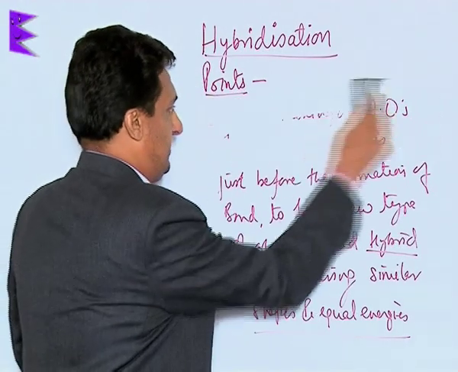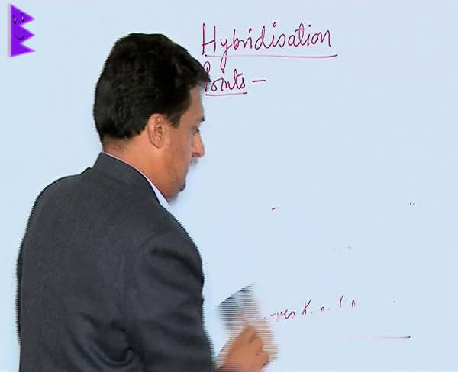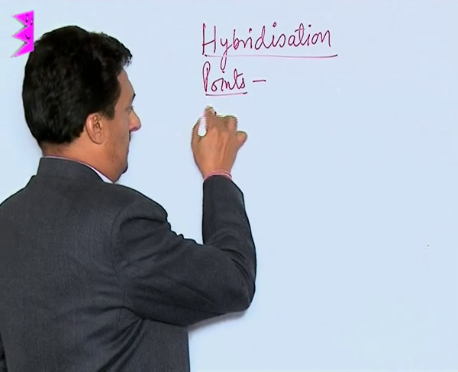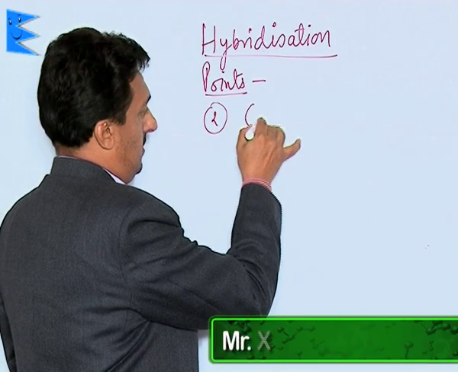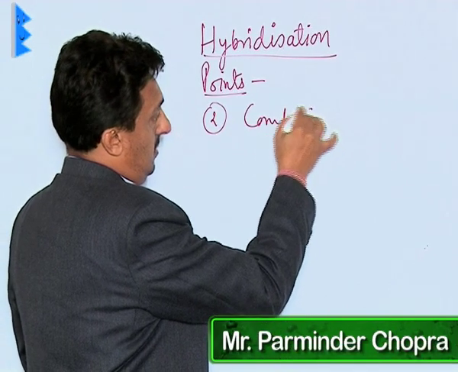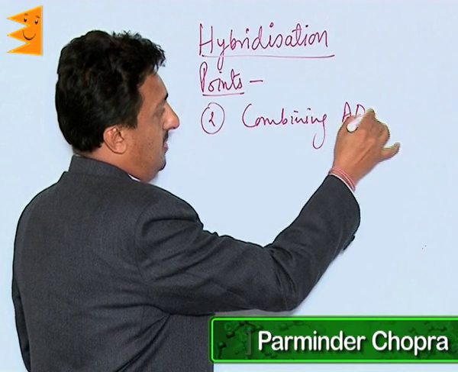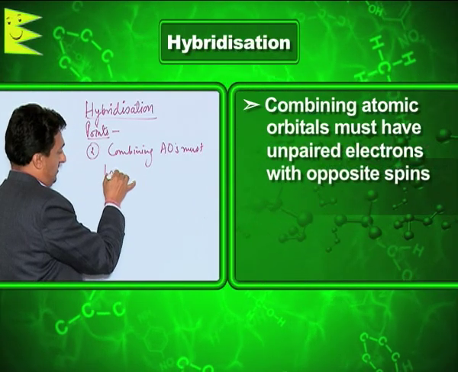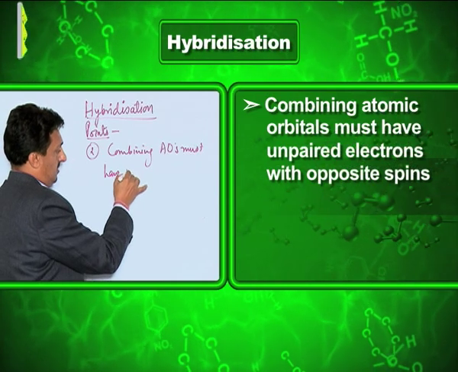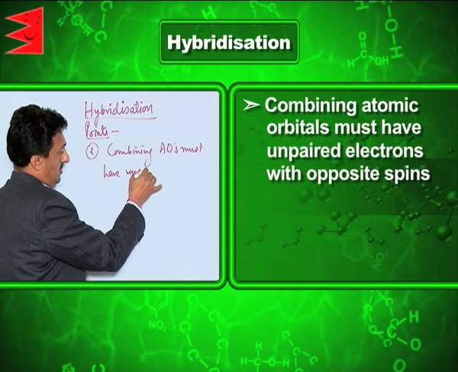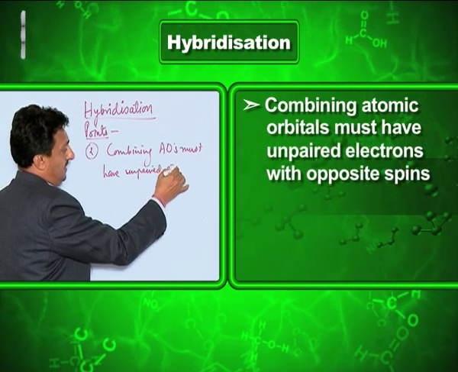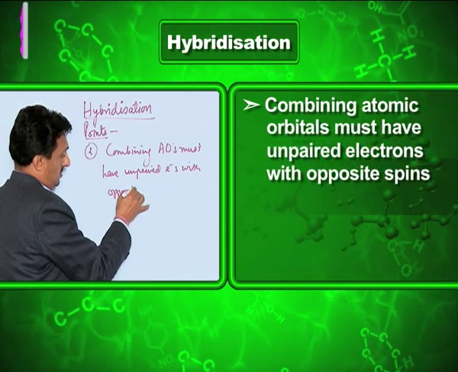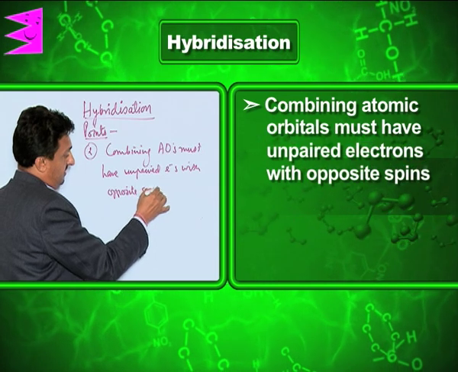The next point. The combining atomic orbitals must have unpaired electrons with opposite spins.